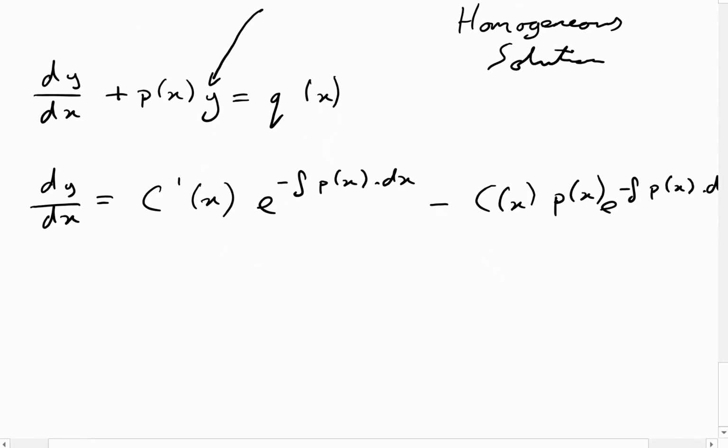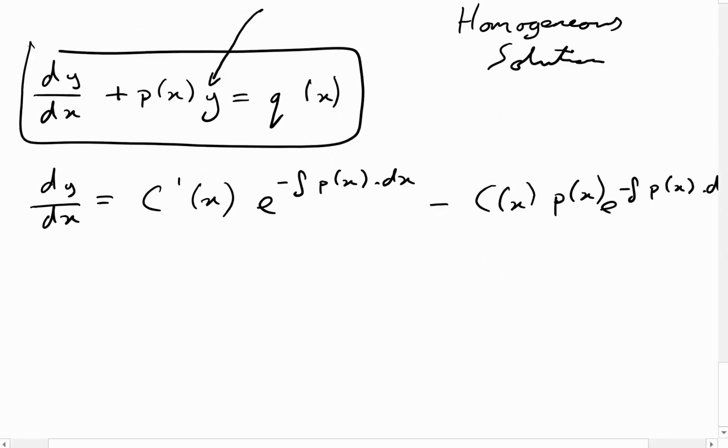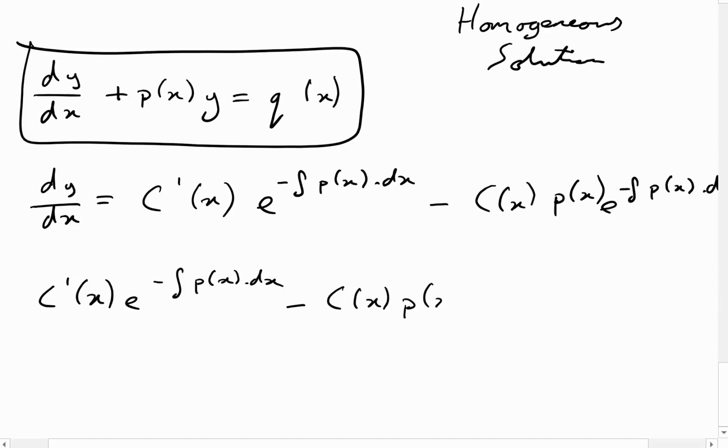So then we plug it back into this original non-homogeneous equation. What have we got? We get c dash x e to the minus integral of p of x dx, minus c of x p of x e to the minus integral of p of x dx, plus, so that's basically just the dy by dx bit.